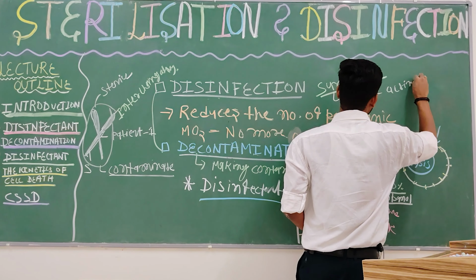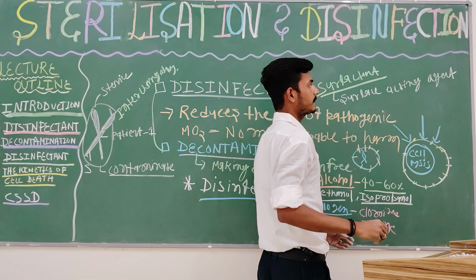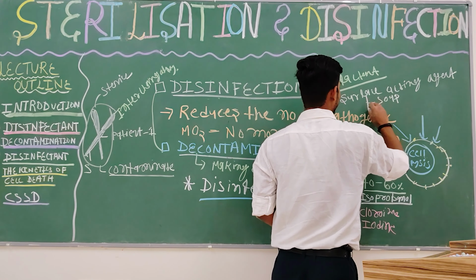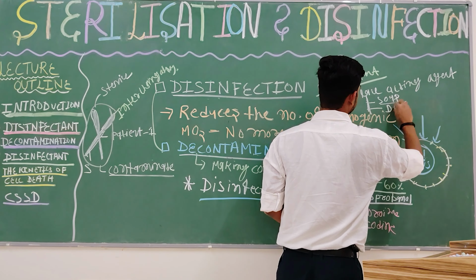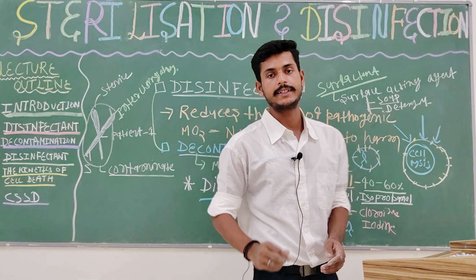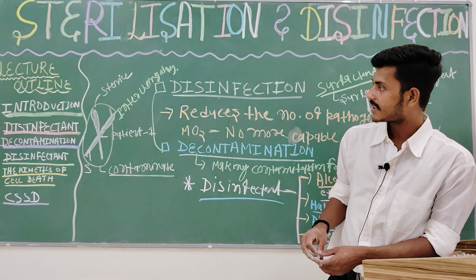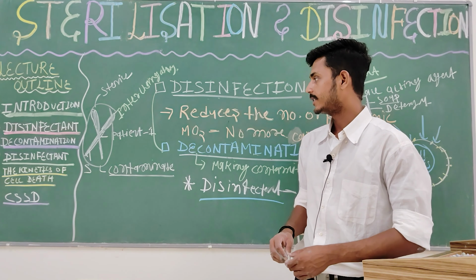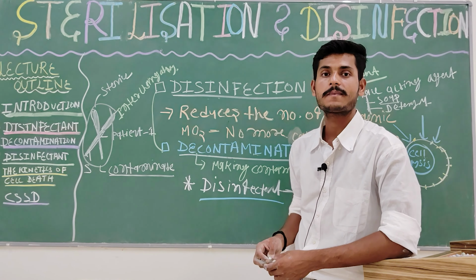Soap and detergent both come under the category of surfactant. So once we have discussed the introduction, disinfectant, decontamination, now let's go and discuss the kinetics of cell death.